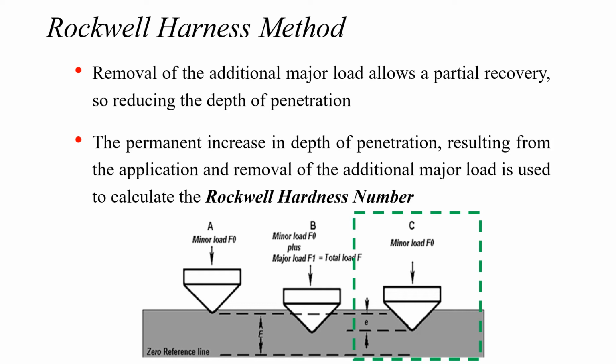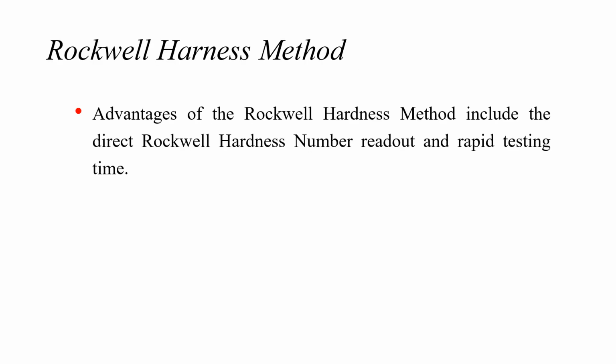Removal of the additional major load allows a partial recovery, so reducing the depth of penetration. The permanent increase in depth of penetration resulting from the application and removal of the additional major load is used to calculate the Rockwell hardness number. Advantages of this method include the direct Rockwell hardness number readout and rapid testing time.